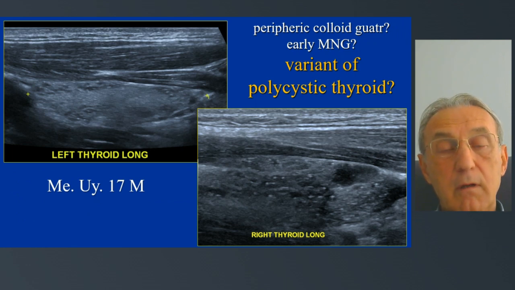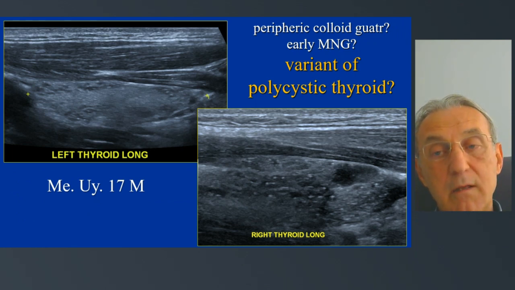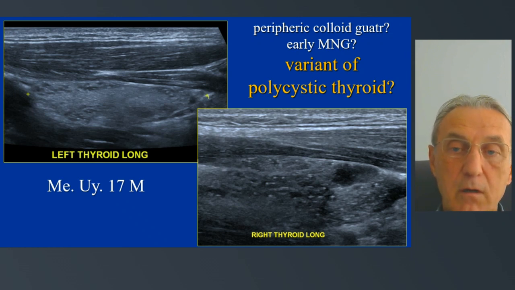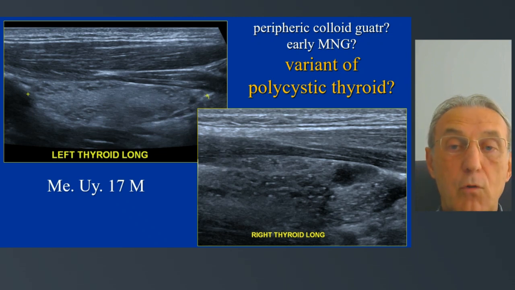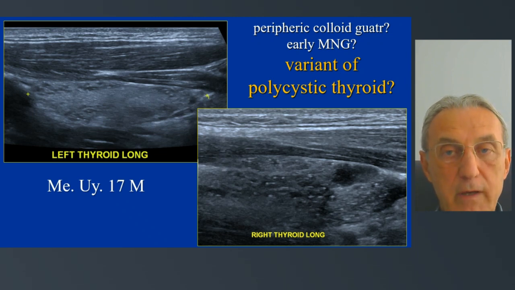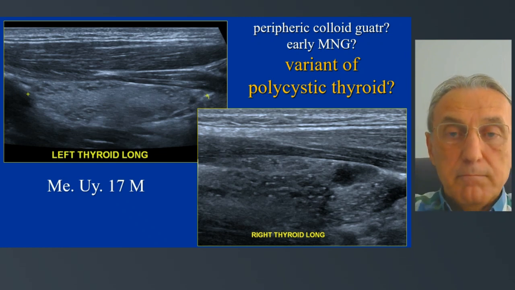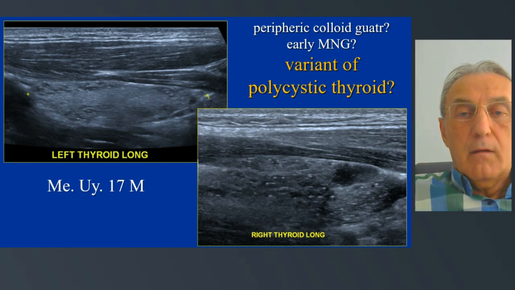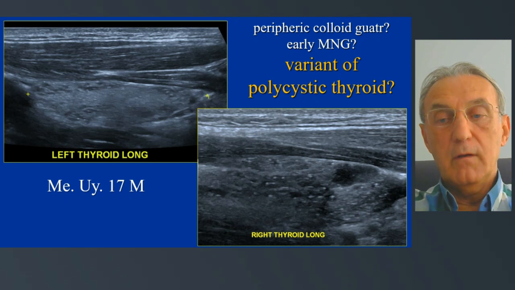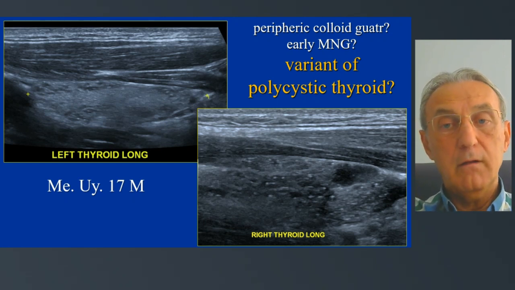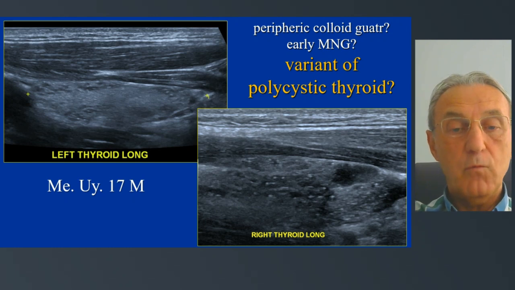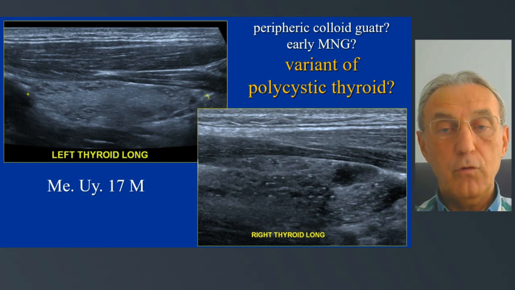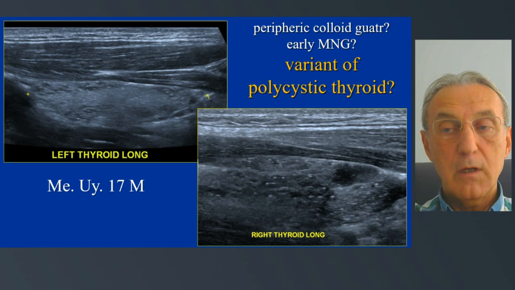And in the last 10, 15 years, we often see, perhaps this is because we see more details, we don't know exactly, that we see too many colloid foci in young people, especially when we are working together with students.